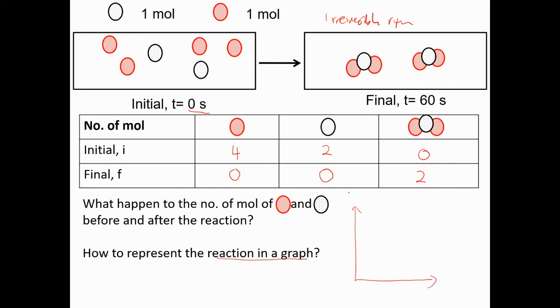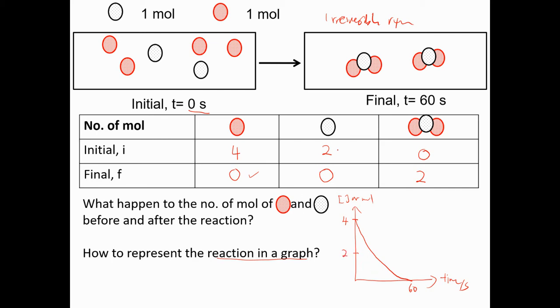Now, how do we represent the reaction in a graph? For example, I can write concentration, or I can just write number of moles versus time. Initially, I have 4 moles of reactant, and at 60 seconds it becomes 0. Completely reacted, no more. Another one is the white atom.